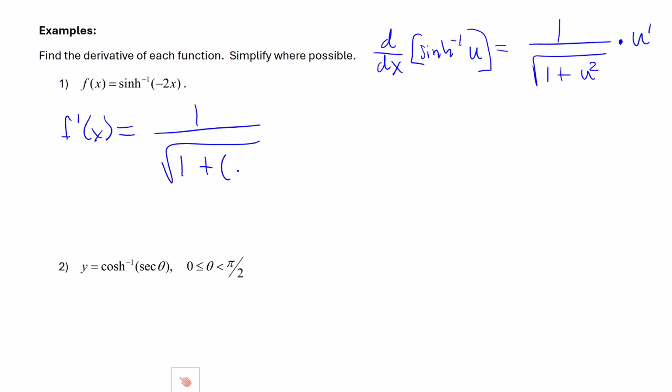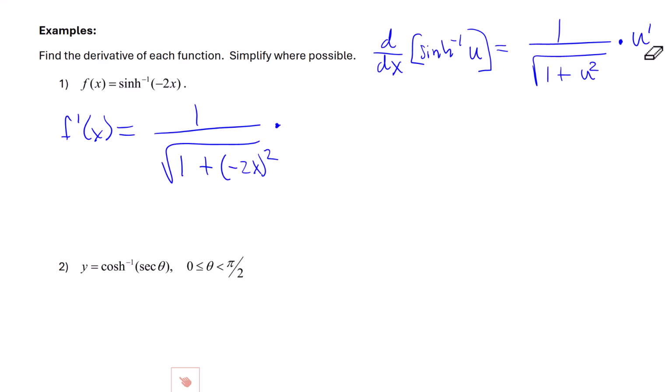So that's what goes in parentheses to be squared, such as the u squared in this kind of chain rule formula, right? So we have 1 over the square root of 1 plus u squared, where u is negative 2x in parentheses. But then we have to multiply by the derivative of u, that is u prime, in order to accomplish the chain rule.